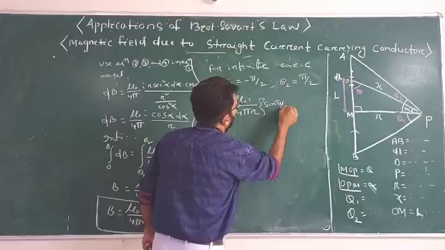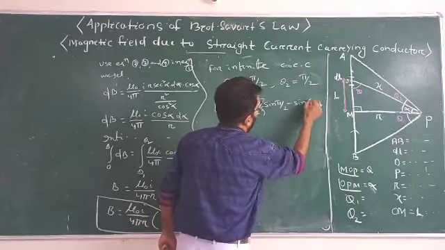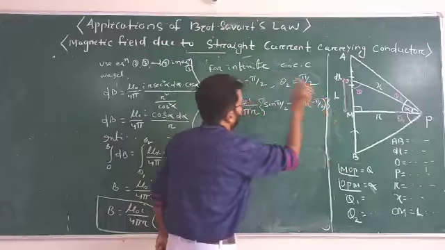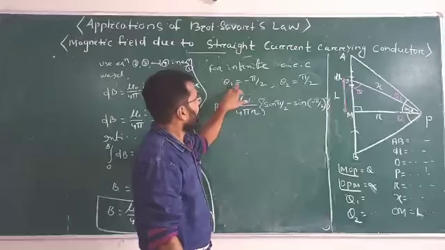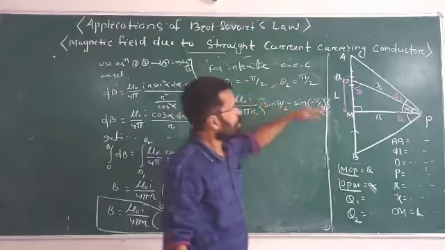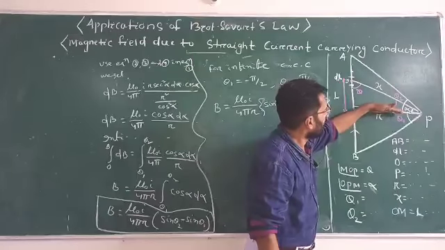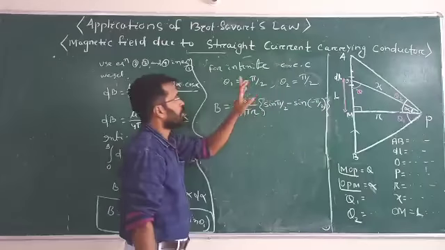pi by 2 minus sin theta 1. Instead of theta 1, you put minus pi by 2. Here you observe the sign of theta 1 is negative because it is downward and theta 2 is upward. That is why you take theta 1 with a negative sign.